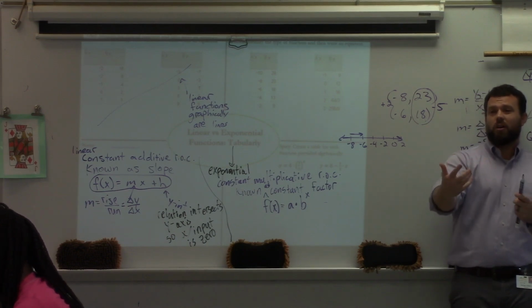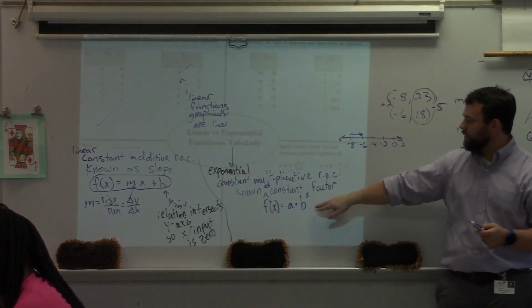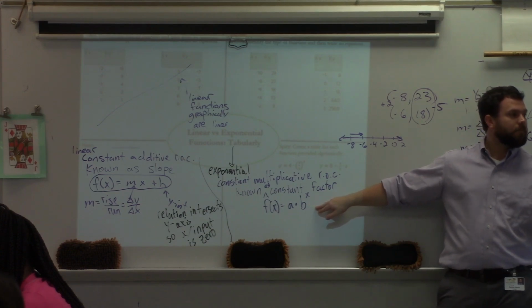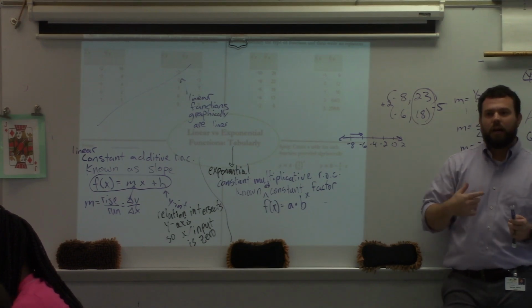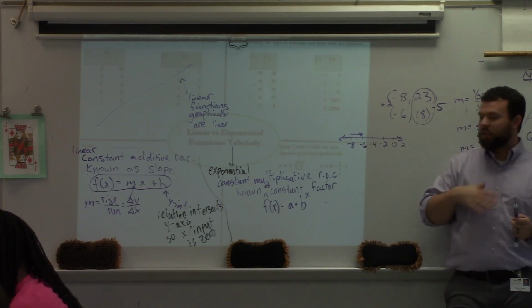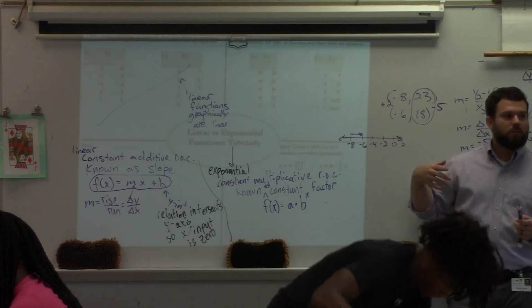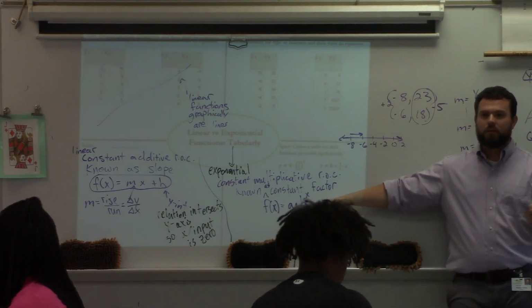Now, this is why I'm covering this, because remember, a b was the y-intercept here, but that's not a y-intercept. Remember, you just said that b is the factor. b is repeatedly multiplying.